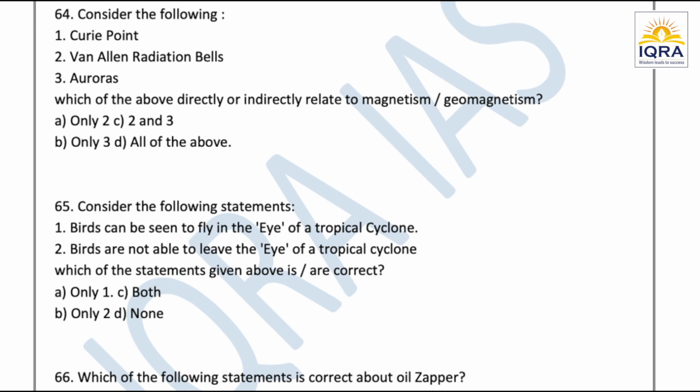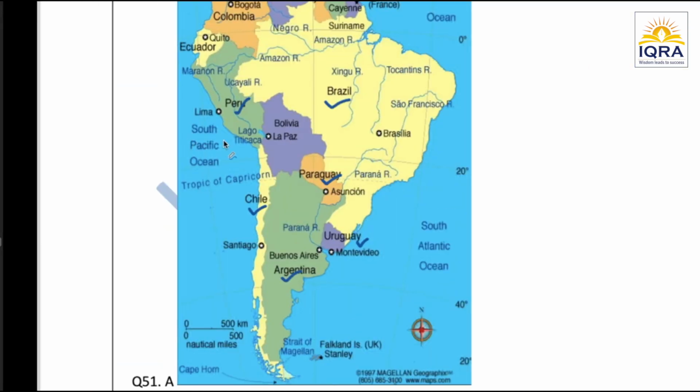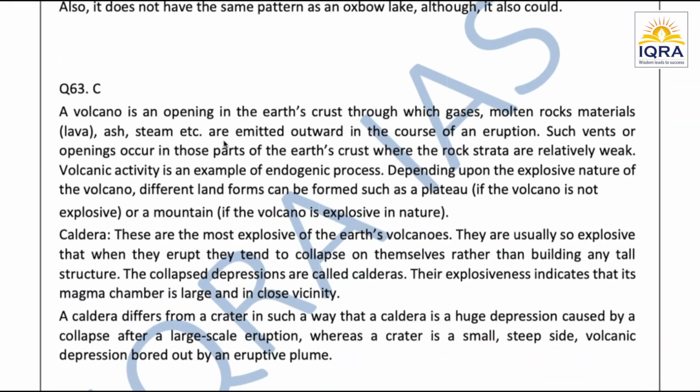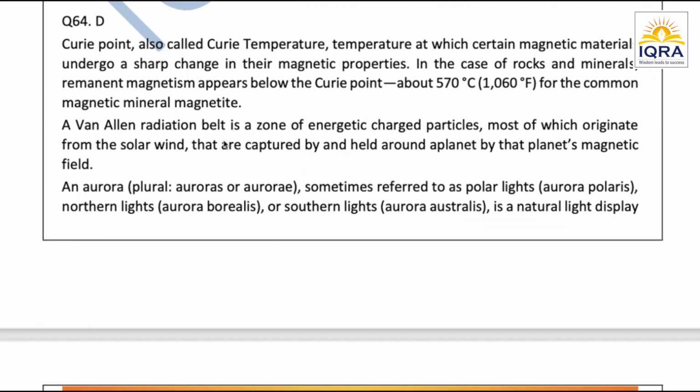Question number 64. Consider the following: Curie point, Van Allen radiation belts, aurora. Which of the above directly or indirectly relate to magnetism or geomagnetism? To address this question, let me again take you to the explanation page. All right.